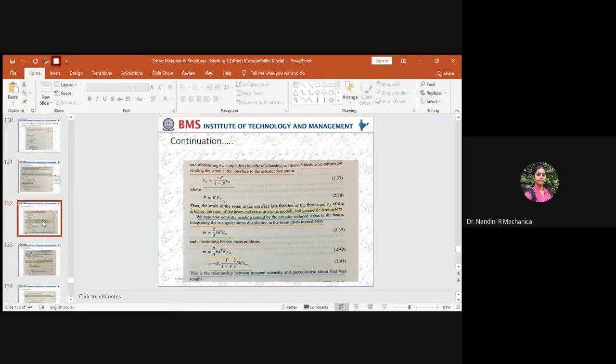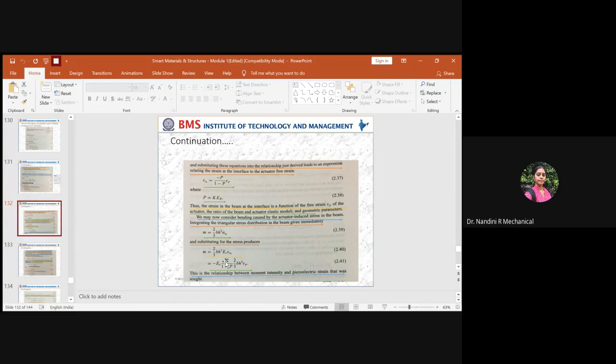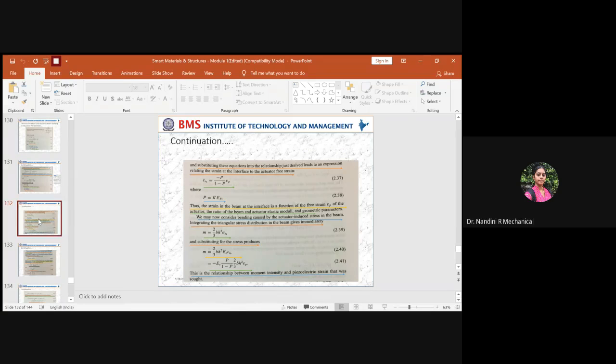The same thing is shown here. The only difference is that you won't have the free strain mentioned, because it is only the capacitance value. So capacitance will be independent of the free strain. If you exclude the free strain in the equation, this entire unit yields the capacitance value.